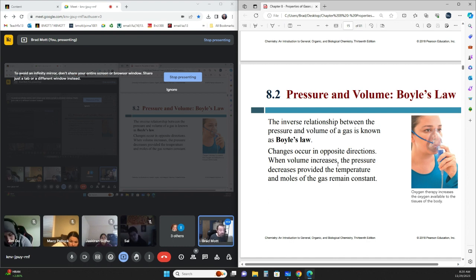Inverse means it changes in opposite directions. When volume increases, the pressure decreases. And this is the important part: as long as the temperature and the amount of the gas stay the same. We hold the temperature and the amount of gas the same, and that allows this inverse relationship between pressure and volume.